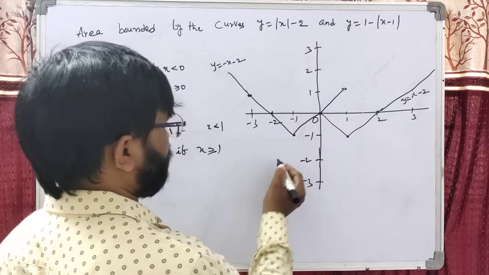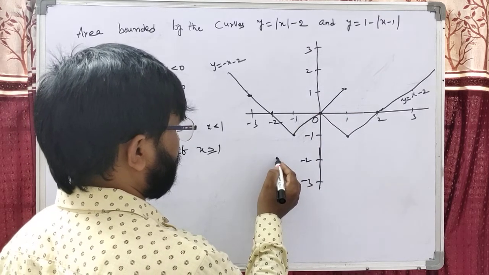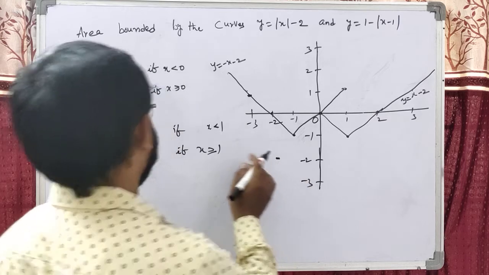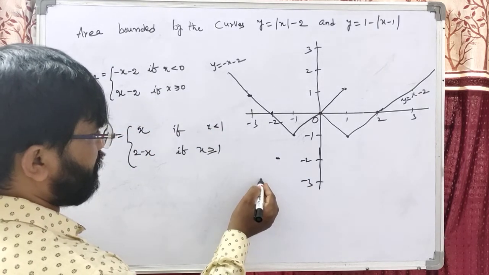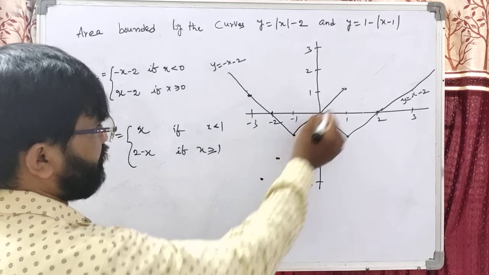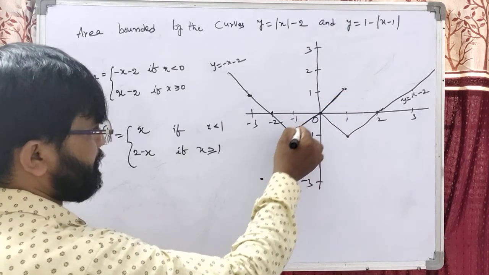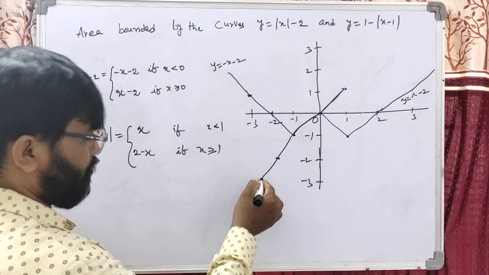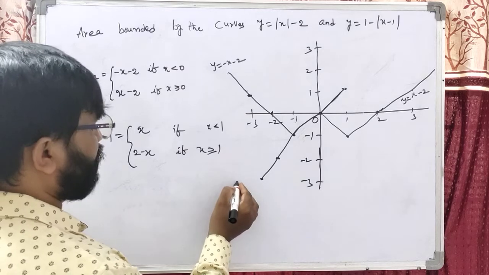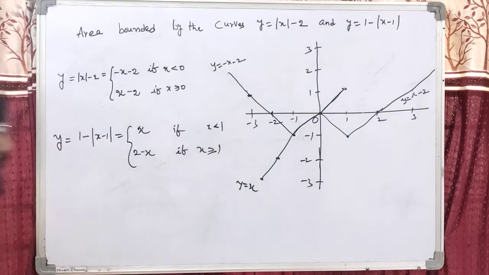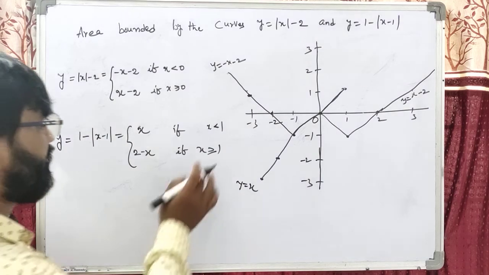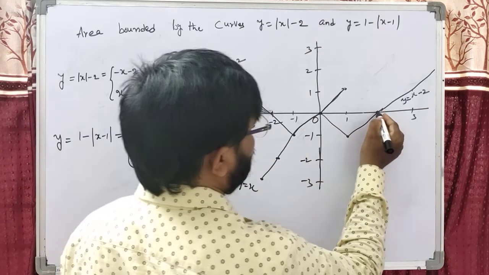Suppose you take minus 2, 2; therefore, minus 3, 3. This is the graph, students. Okay students, this is the graph y equals x. Now students, greater than or equal to 1. Suppose students, when we take 2, this is 0.